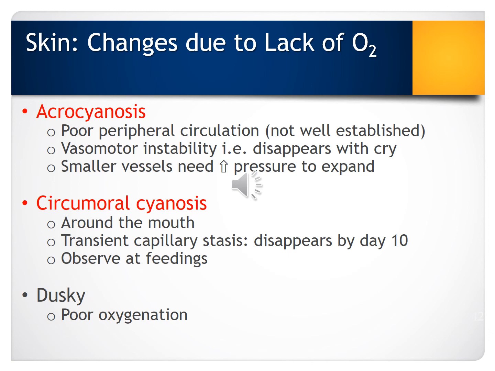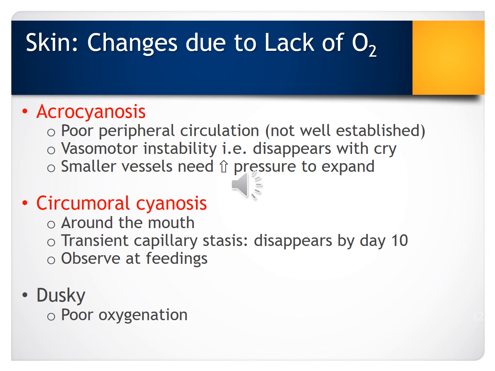With acrocyanosis, if you recall earlier, I mentioned that the priority for providing blood to the body starts with the major organs, the brain, the heart. Those need to be perfused first, and the extremities, the hands and the feet, are last.